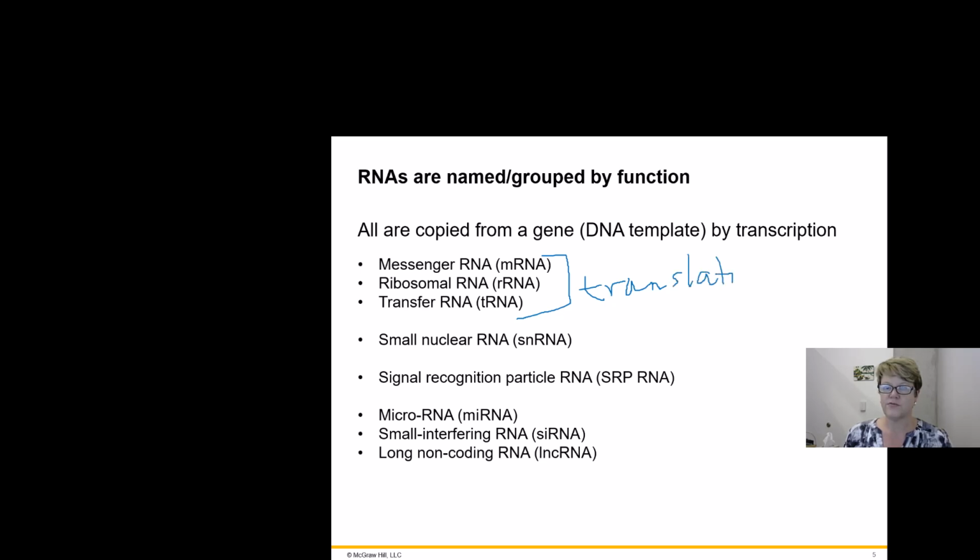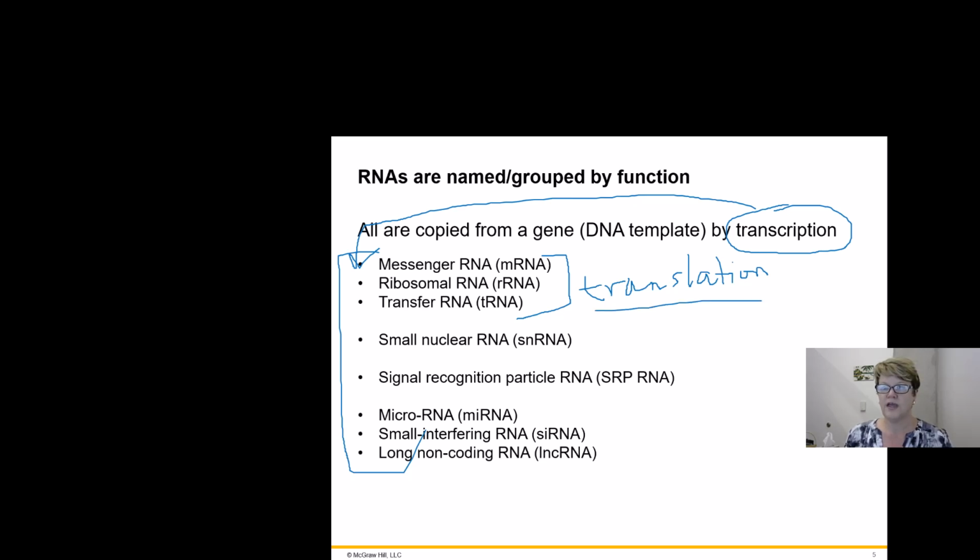So only these three are involved with translation, whereas all of these are made by transcription. All of them are made by transcription, but only these first three go on to the second process that we're talking about in this chapter, called translation.